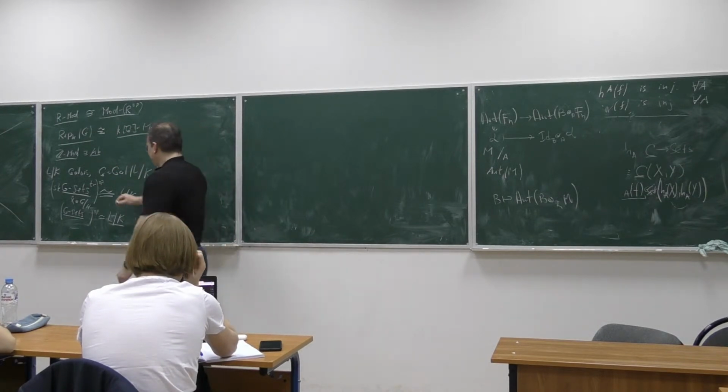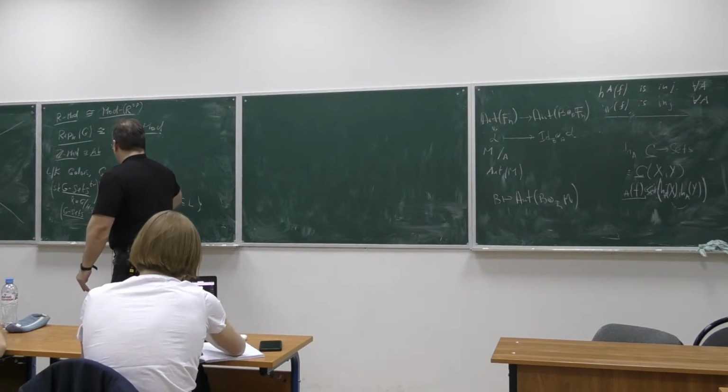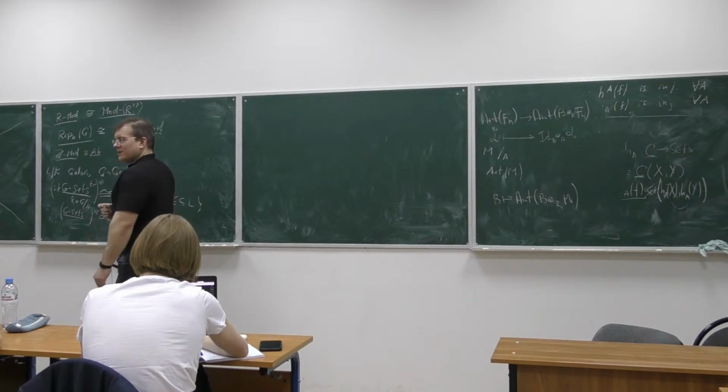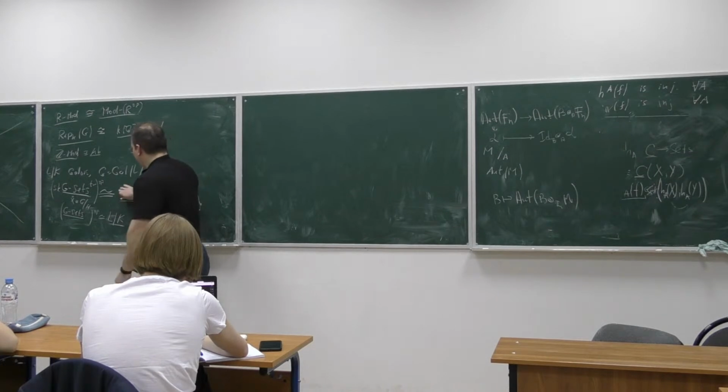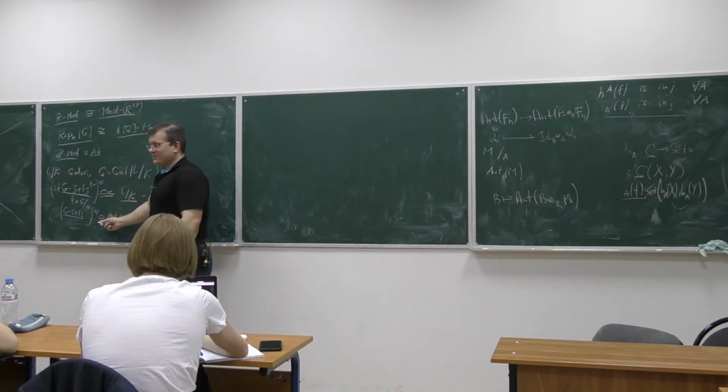Well, probably you want some sort of algebras over K. Instead of just fields, you want some algebras. And you can understand the conditions that you need to put on this algebra.